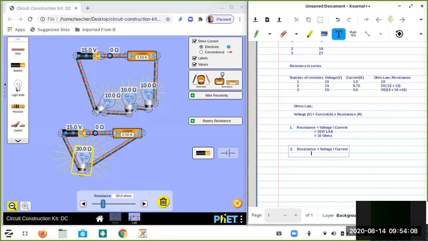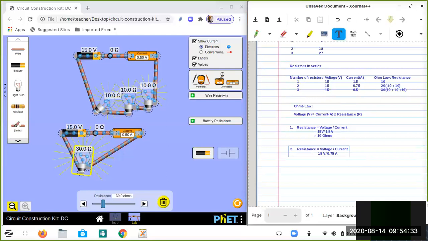Our voltage in the second setup is 15 volts divided by the current, 0.75 amps.